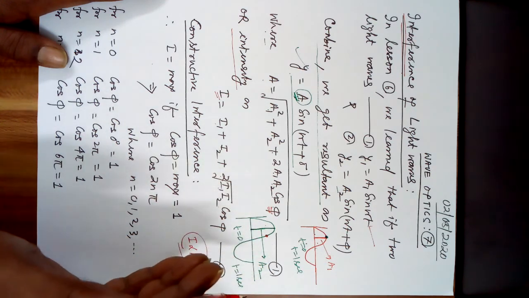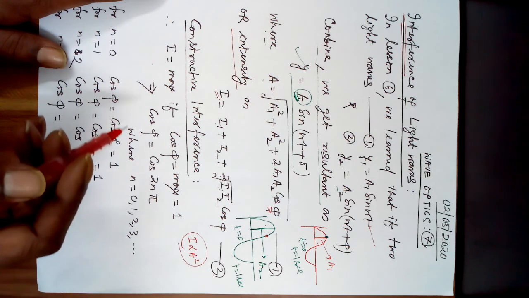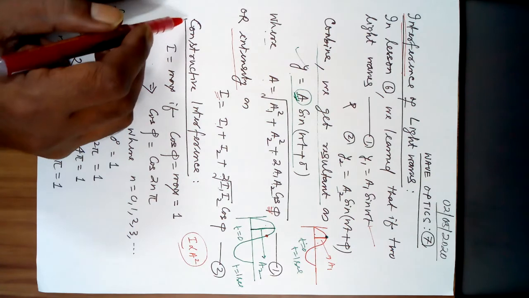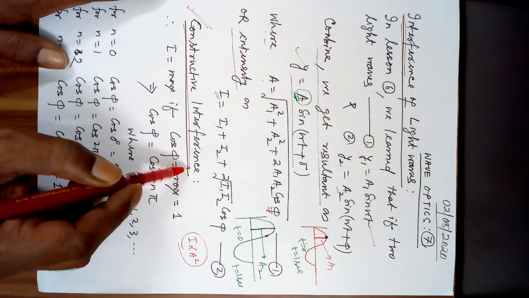On a screen in front of them, they combine. Now on the screen at certain points you will find there are bright patches, and at certain other places you will see dark patches. So whenever you see bright patches, such an interference, such an overlapping, is called constructive interference.